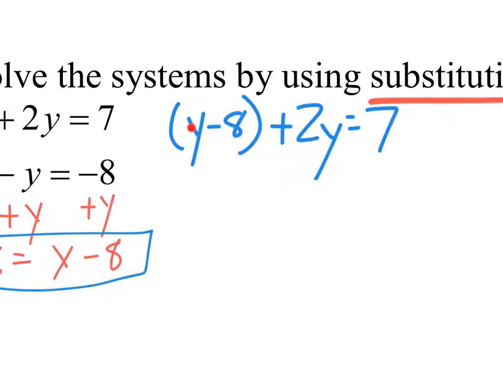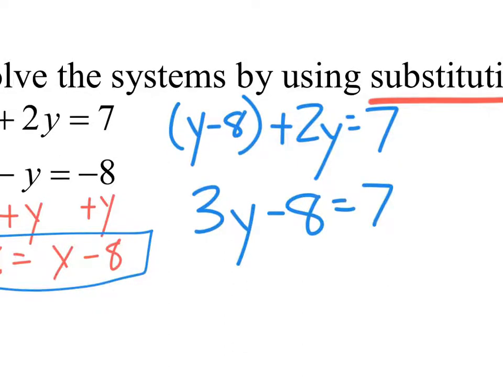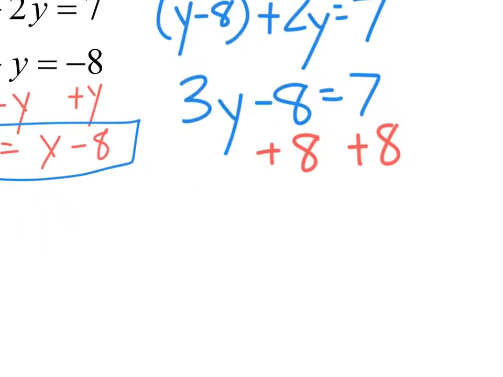We've got 1y right here, and we can add that to 2y. So we're going to have 3y minus 8 equals 7. Let's add 8 to both sides by using the inverse operation. And when we do that, we're going to have, of course, 3y equals 15.